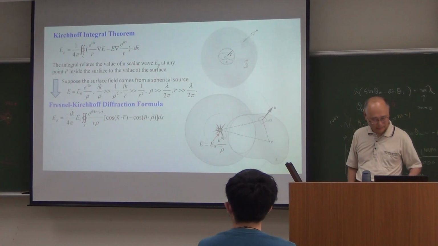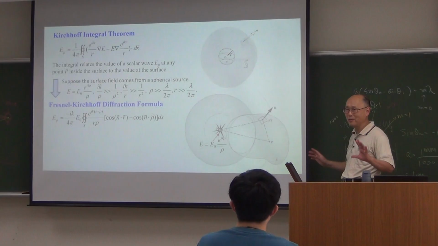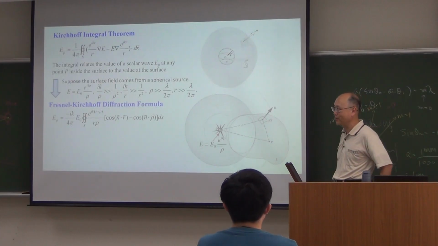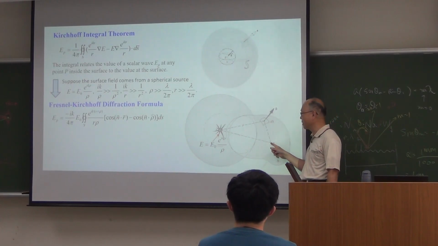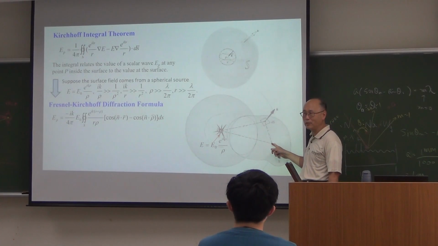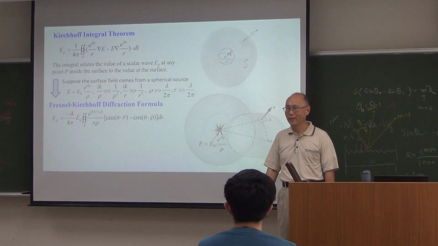Well, physicists in the early days tried to make this problem as general as possible, okay? As general as possible. So the scenario is like this. I want to determine the electric field at this location. And of course, there's a light source, right?